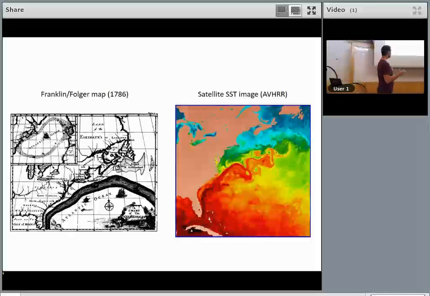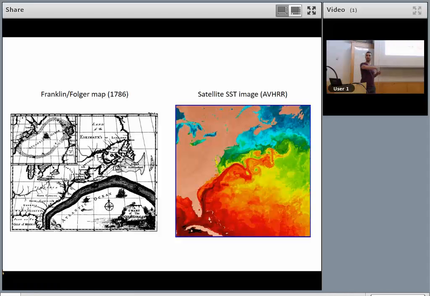Another illustration of the same basic idea is here you have a map. It was made by Benjamin Franklin when he was traveling from Europe to the United States, and by his son too, in 1786. That's the first ever map of the Gulf Stream, and it looks really like a river, right?